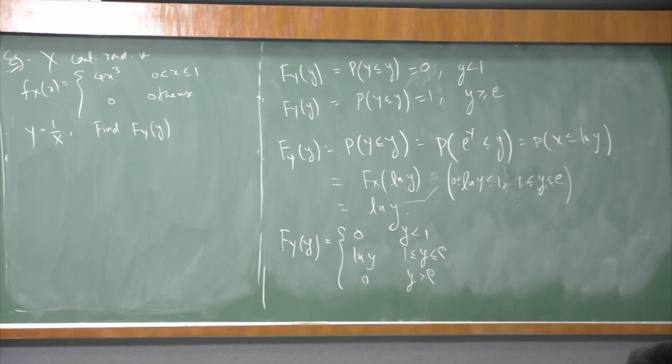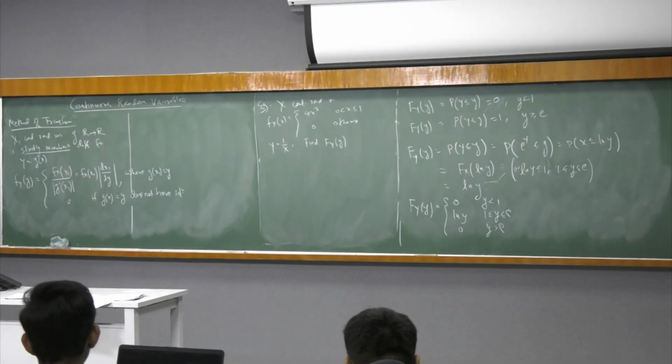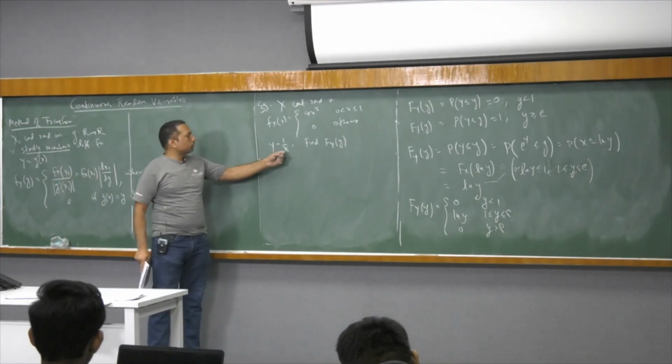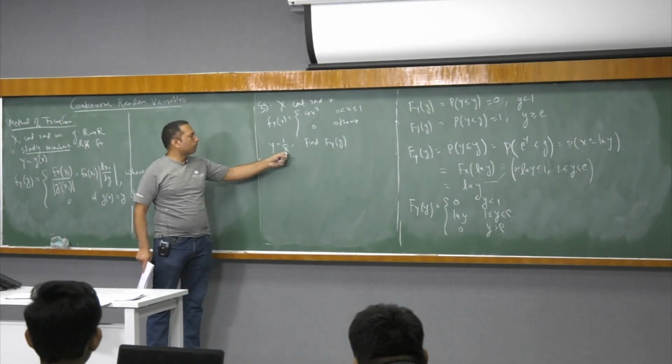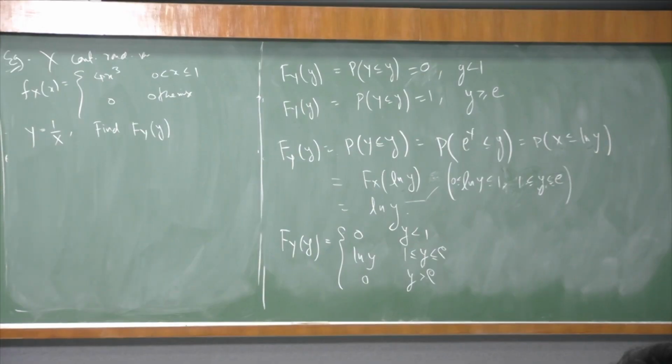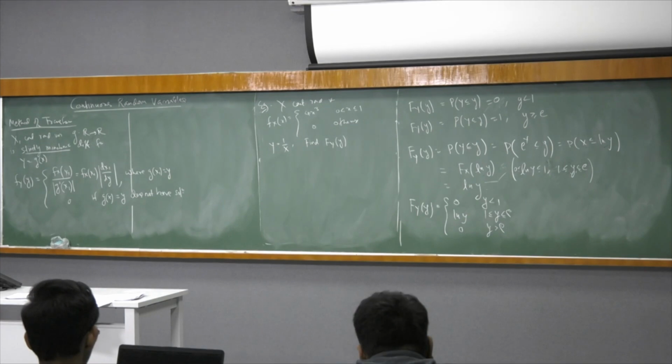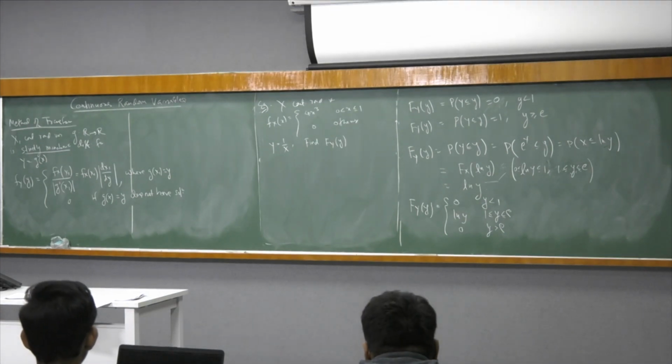So remember that we said g is strictly monotonic. Monotonic means either strictly increasing or strictly decreasing, so it includes both, but the function should not be strictly increasing in some part of the domain and also decreasing in another. It should have only one behavior. That seems to be a special case, but we will generalize this later. In this case, it's strictly increasing or decreasing in (0, 1), or in general in the domain. So x is taking positive values. For those values, what is the value of y, 1 over x?